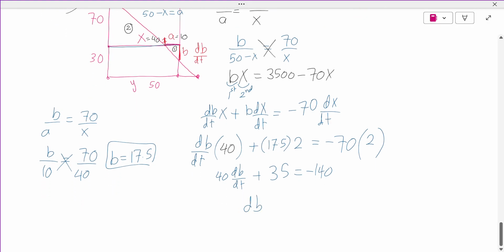You get dB over dt equals minus 35 over 8 feet per second. So this is how part C is done. Good luck.